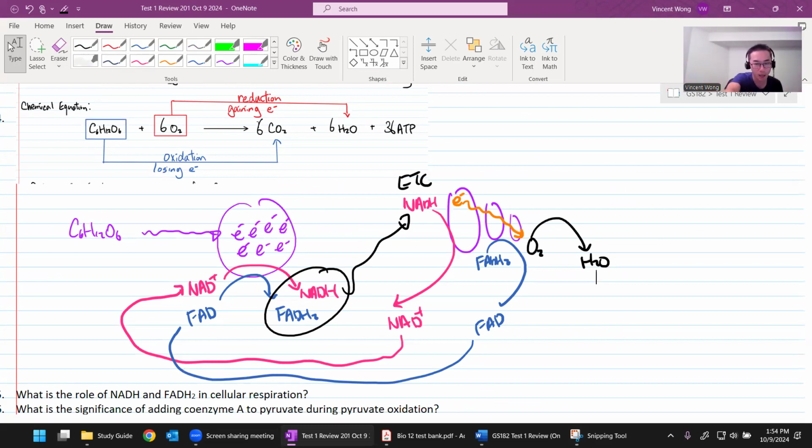Okay, it goes through a bunch of things in between. There are a bunch of things happening in between, and ultimately, it's going to go onto the oxygen, which is why oxygen is called a final electron acceptor.